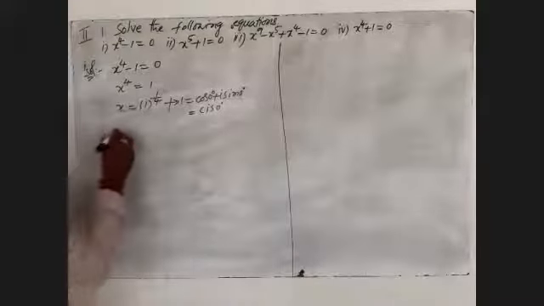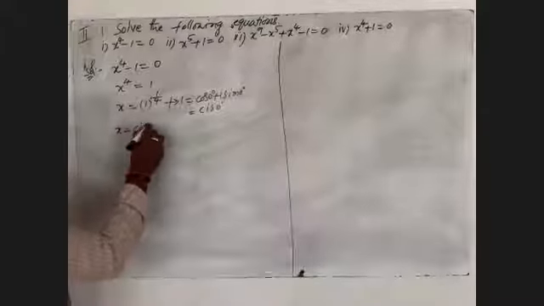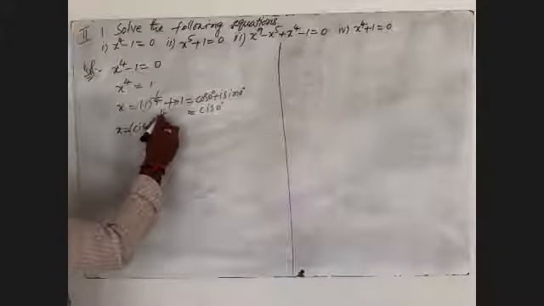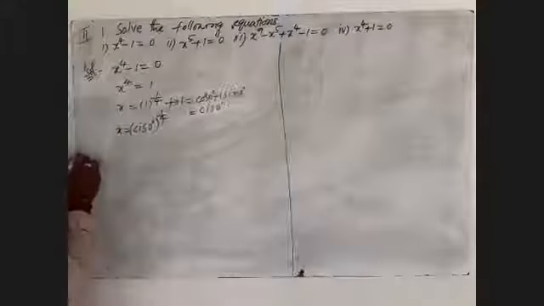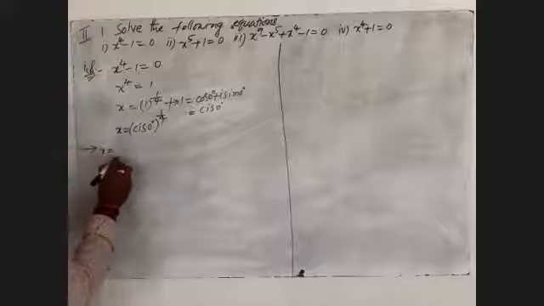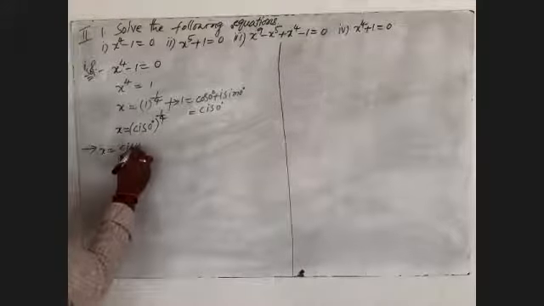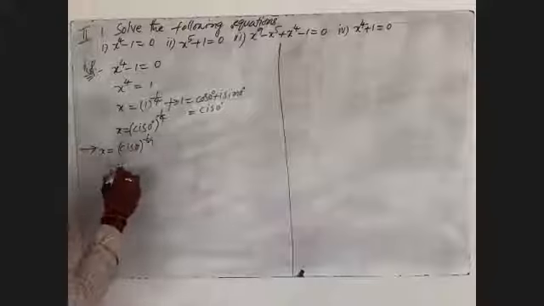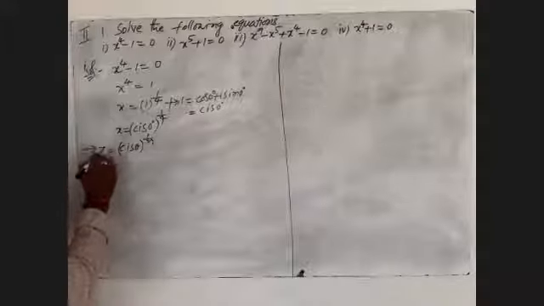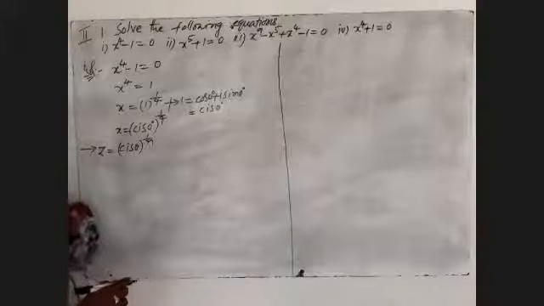That is, x is equal to cis of 0 degrees whole power 1 by 4. Already we know the formula: z is equal to cis of theta whole power n.